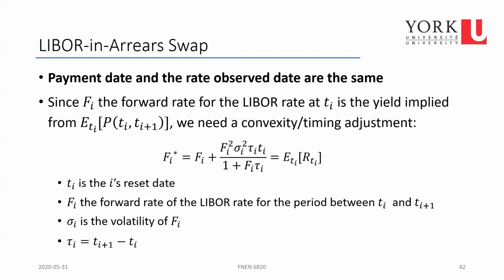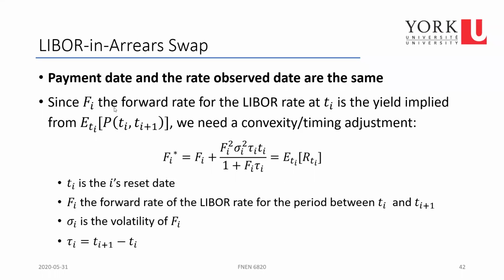So we would need to get a convexity adjustment here to get the actual forward rate that we can use and multiply with the notional to get our price. This is basically related to what the actual rate is that is required.